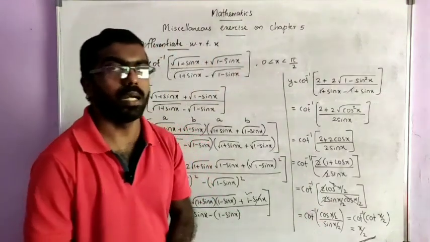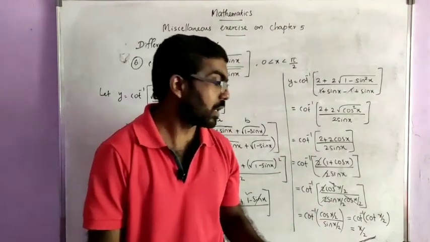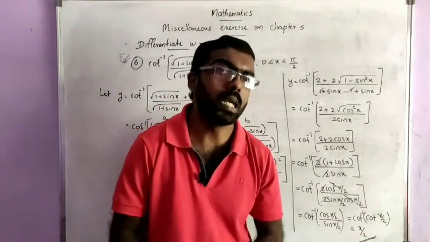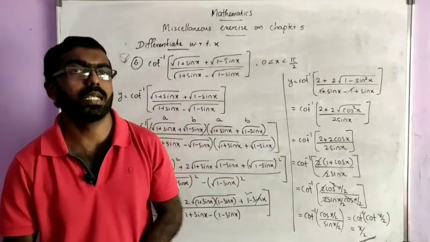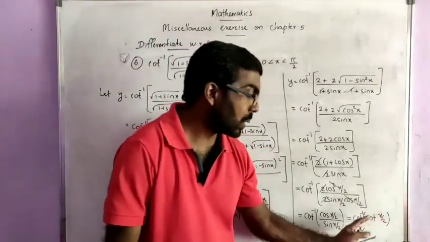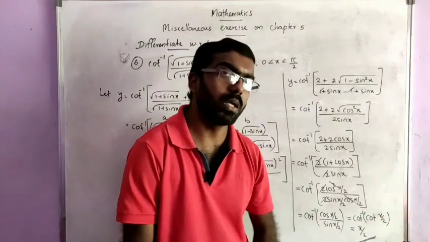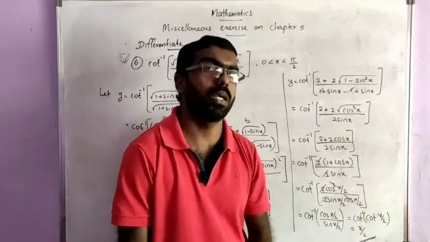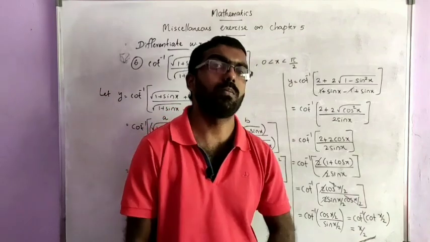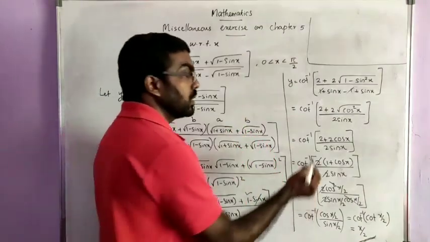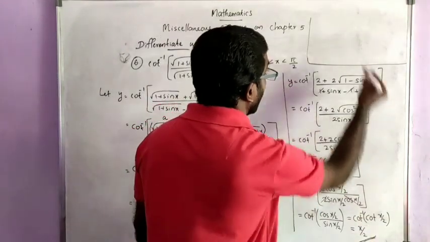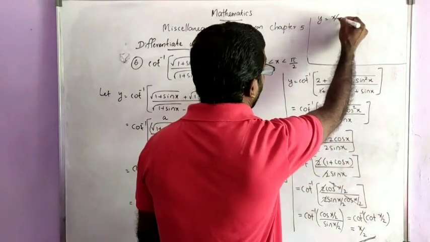Cot inverse cot theta, reverse operation. Okay, sin inverse sin theta is equal to theta, cos inverse cos theta is equal to theta. Similarly, cot inverse cot theta is equal to theta. So here the angle is x by 2. So cot inverse cot x by 2 is what? X by 2. Now we got y is equal to x by 2.